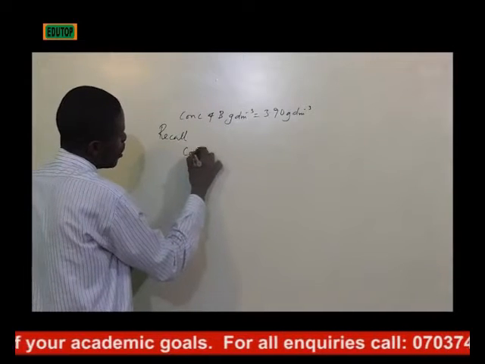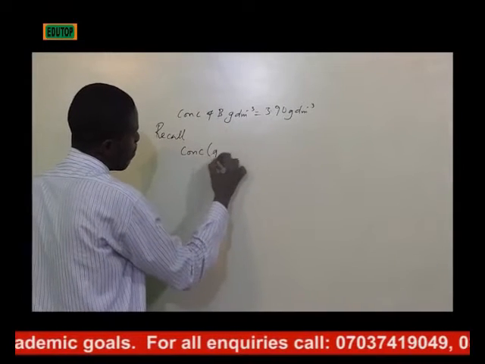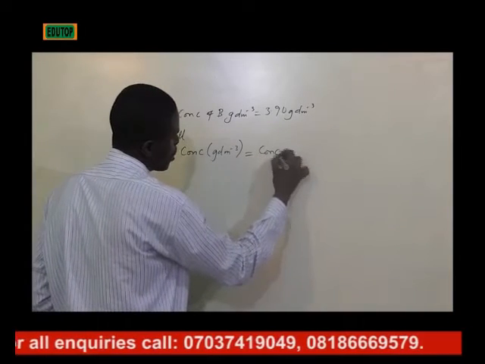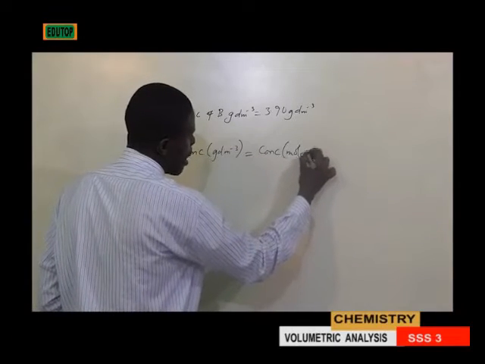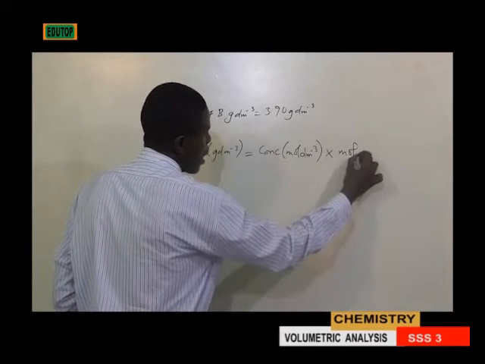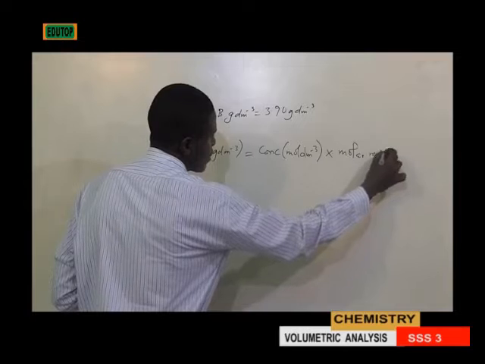Recall that concentration in gram per dm cube is equal to concentration in mole per dm cube times molar mass.